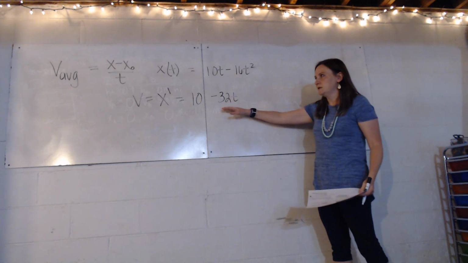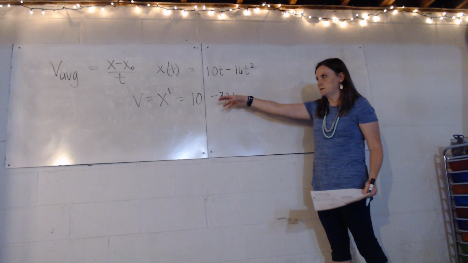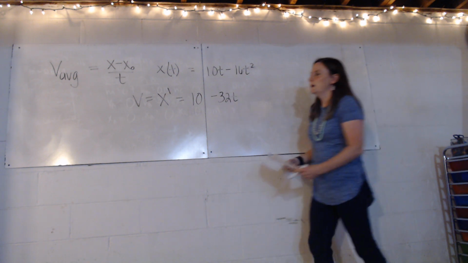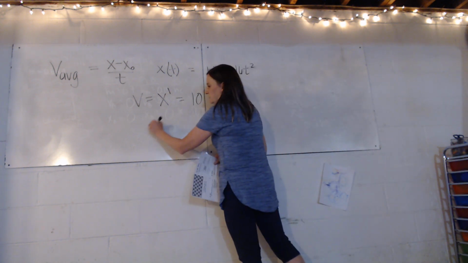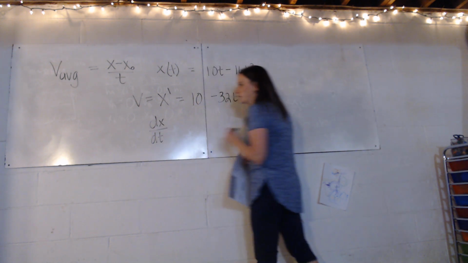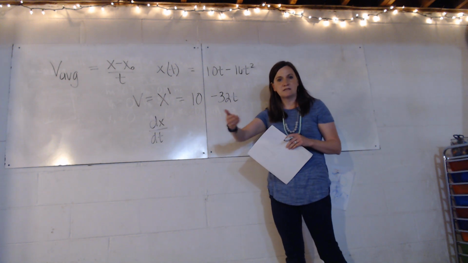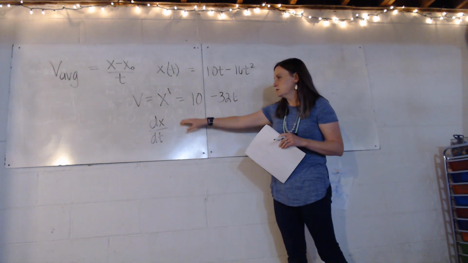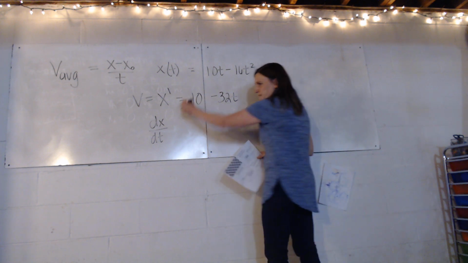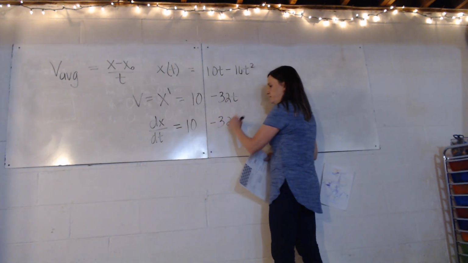And this tells me the velocity of this object and how it's changing with time. Another way to write that is the Leibniz notation, and I'm just going to do that because we do see that a little bit more often. You're going to see it in the homework problems when we get into the antiderivative, so in the future. So dx dt is the exact same thing as the first derivative, so it would be 10 minus 32t, right?